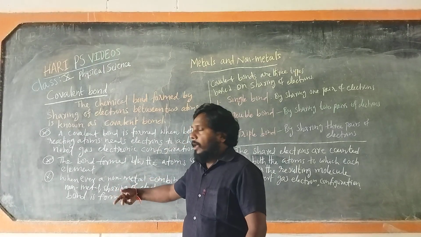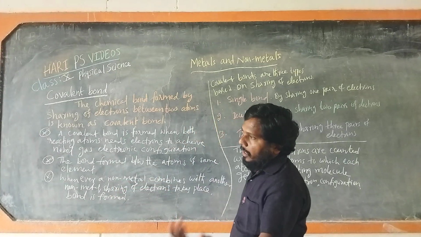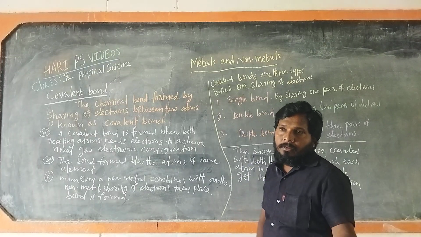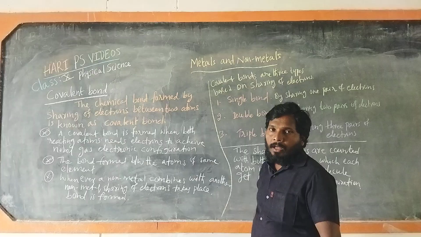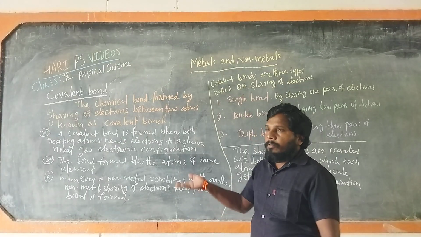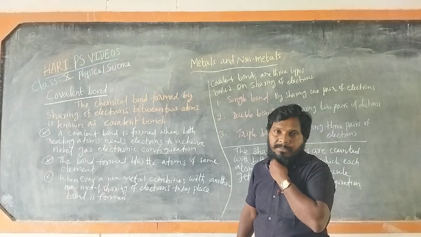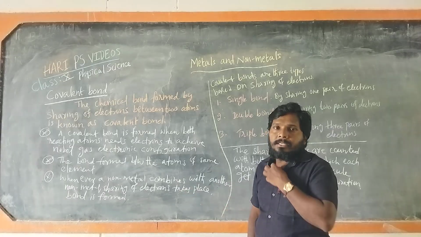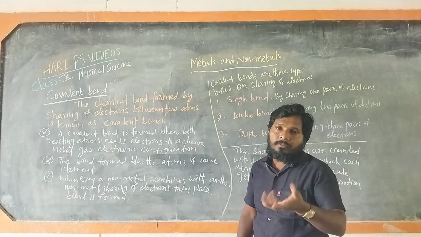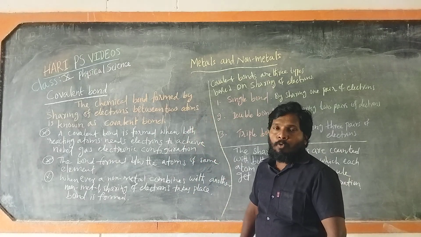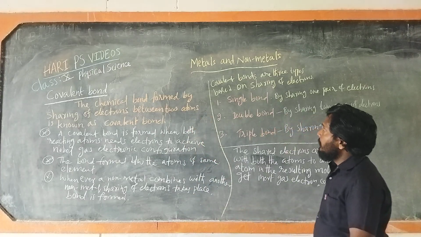Non-metals like hydrogen, chlorine, bromine, iodine, oxygen, sulfur, and nitrogen. When one non-metal is combined with another non-metal, sharing of electrons takes place and a bond is formed. The bond formed by sharing of electrons is the covalent bond.